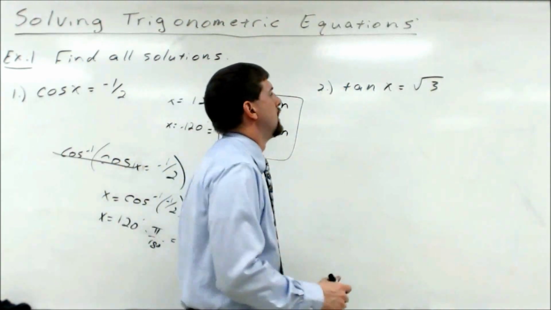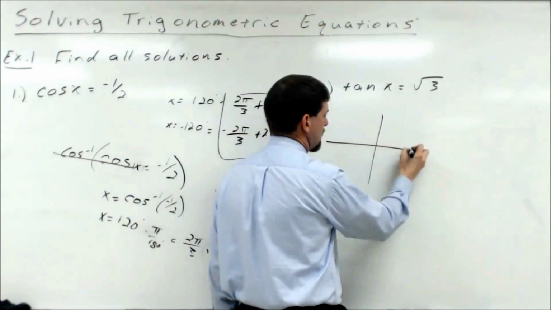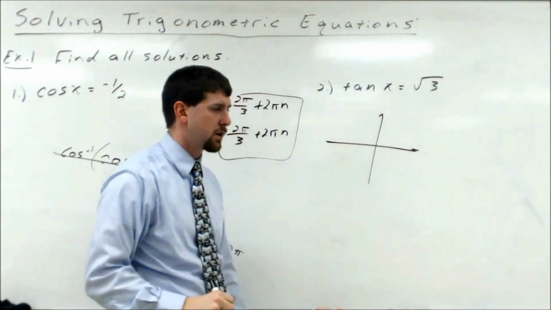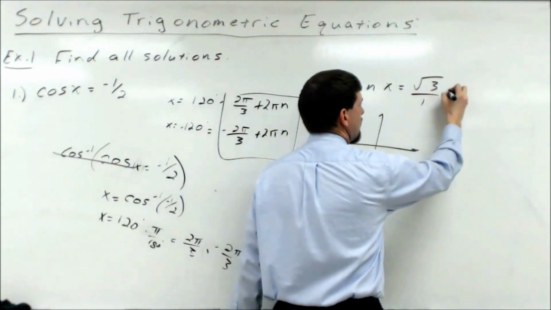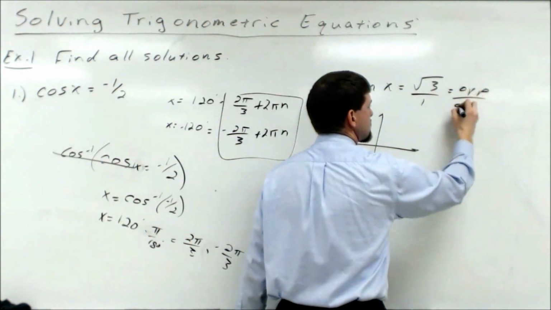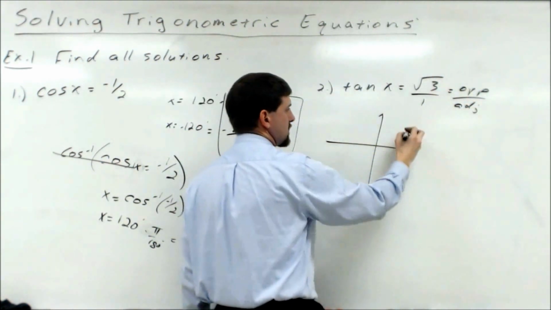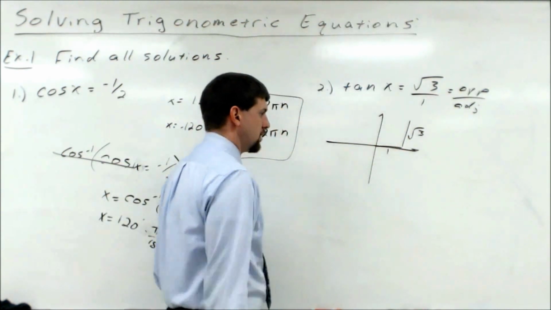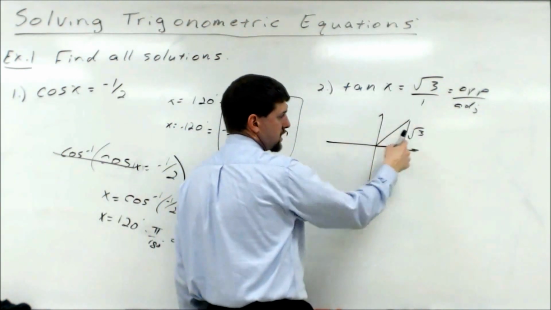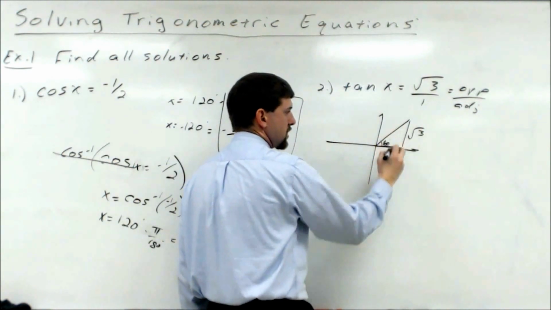So again, I'll remind you how we use the triangle to solve this. Tangent of x equals square root of 3. That means opposite over adjacent. So opposite is square root of 3, up square root of 3. Adjacent is 1. So if we are opposite square root of 3, that means this is 60 degrees again.